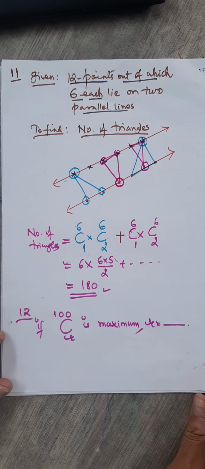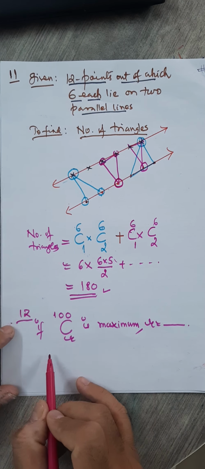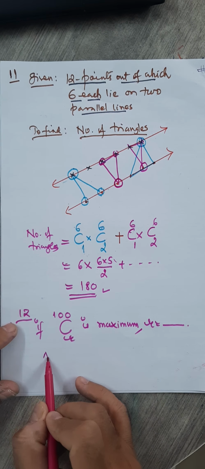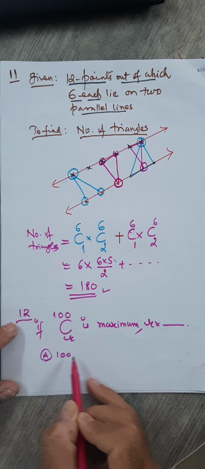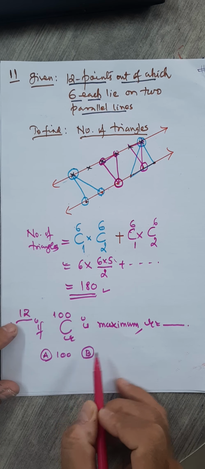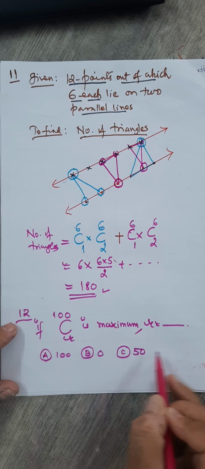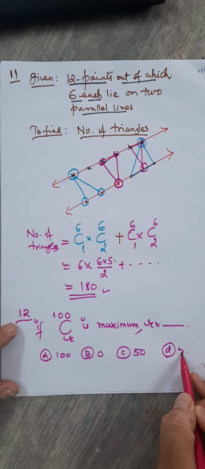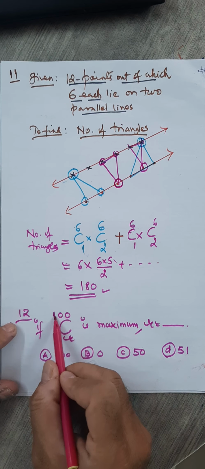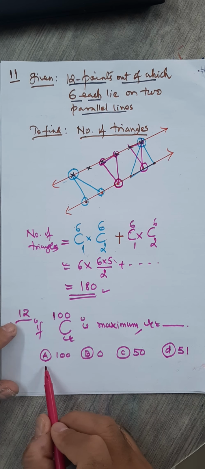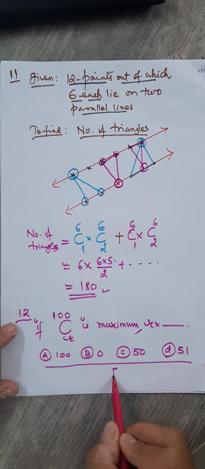That's the question. I'll give you the 4 options here. The one option is 100, the other option is 0, the third option is 50, and the fourth option is 51. Try yourself, take some smaller value and predict about R. I'm sure you can answer it. I leave it for you.